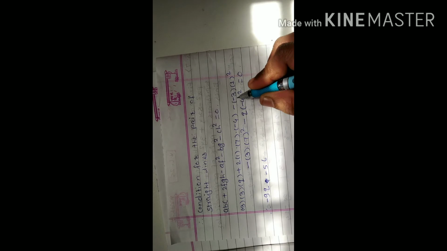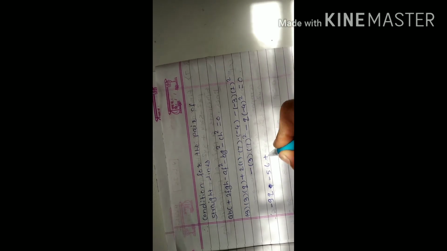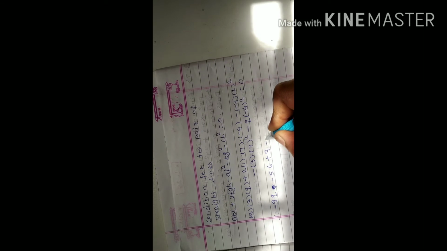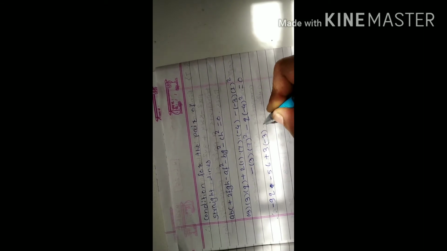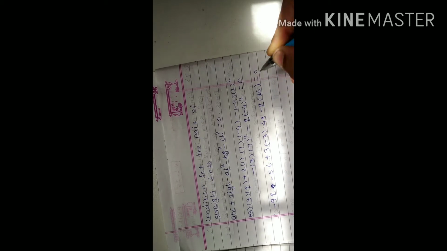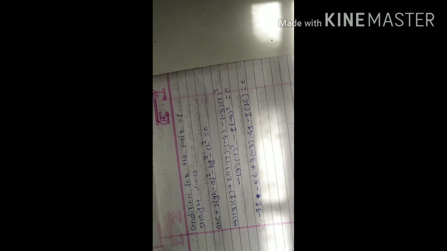Then minus of minus 3 into 1 square, that is plus 3. Then minus 3 into 7 square, which is 49. Then minus q into 4 square, that is 16, is equal to 0.